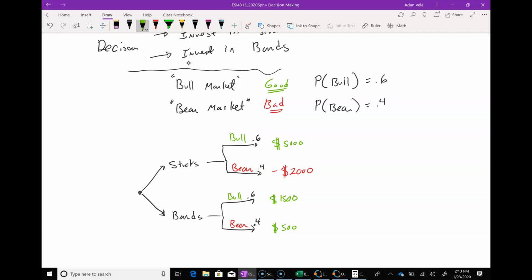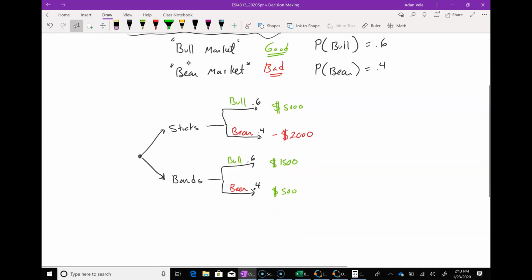So, show of hands, who would invest in stocks? Bonds? You guys are taking the 500, right? It's not bad. So it's guaranteed. It seems like you're guaranteed money at least. Okay, so the way we normally use decision trees is to calculate the expected reward.